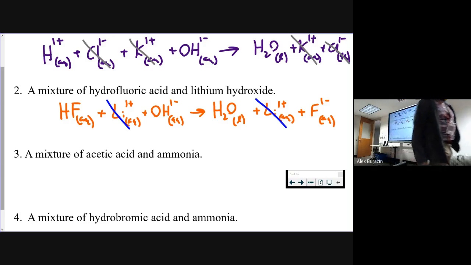Try the third, try the fourth if you have not. This is something you need to be able to do in this class. Take written words of acid-base reactions and turn them into formulas and equations.